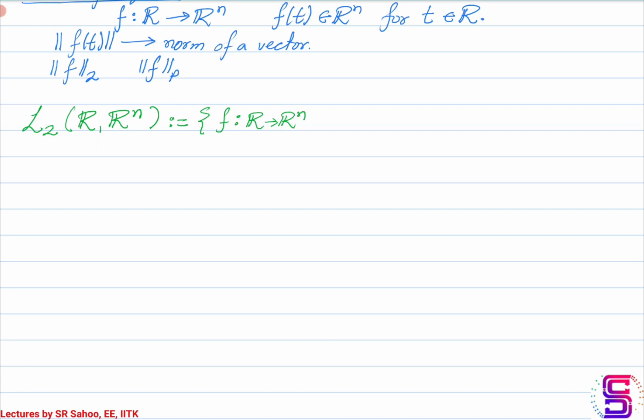And what are those additional conditions? It is a collection of all those functions that map R to Rn such that the integration over the interval minus infinite to infinite of the norm of f of t, suppose you take a 2 norm of f of t and you square it.